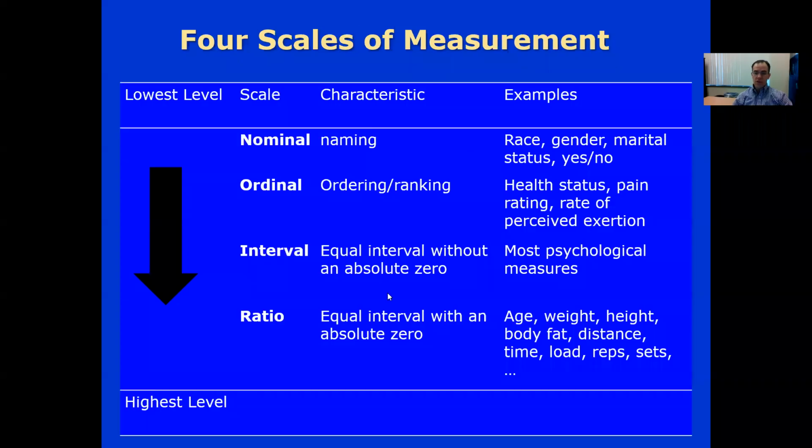So an interval scale of measurement has an equal interval without an absolute 0. This is commonly used in psychological measures. Let's say you have a scale from 1 up to 100. One individual might score a 50, another individual might score a 60. Well, their difference on the scale is 10.